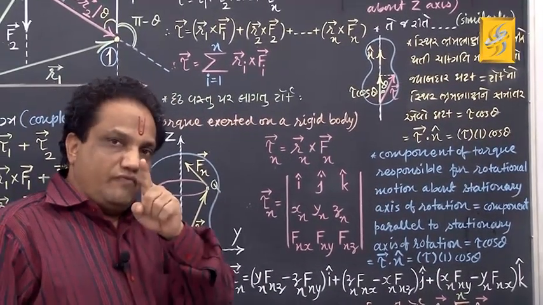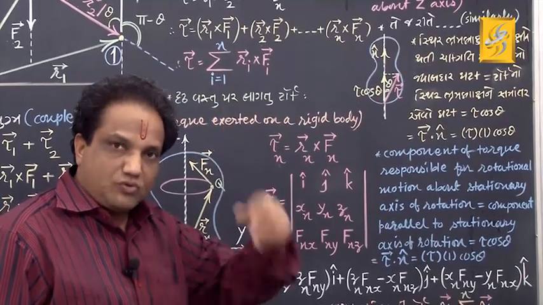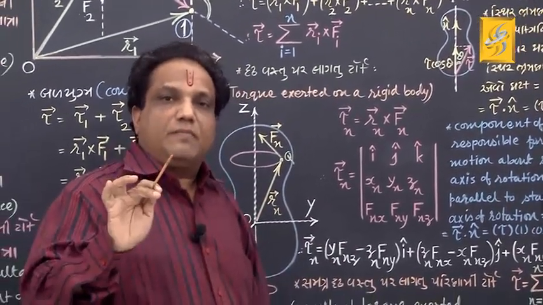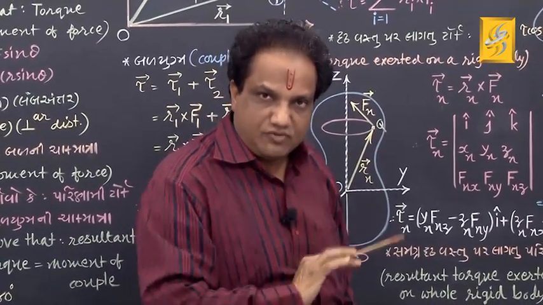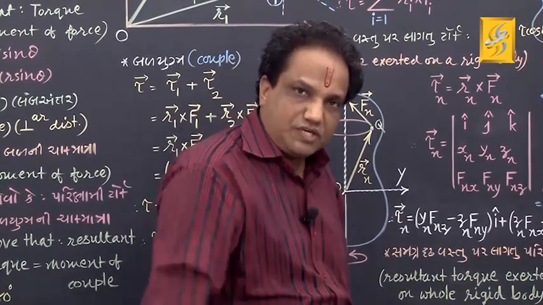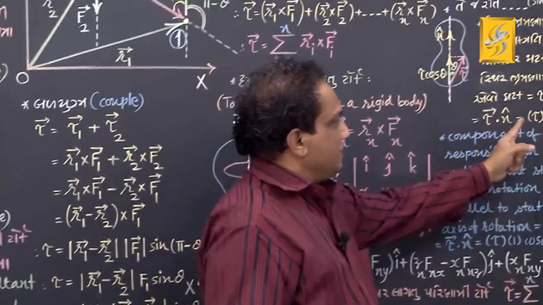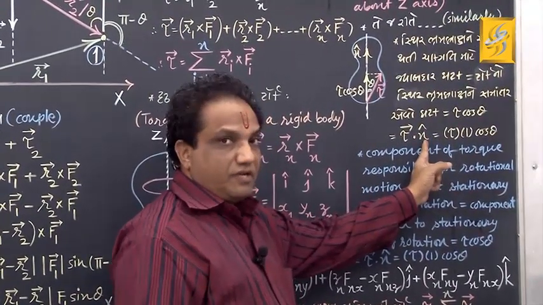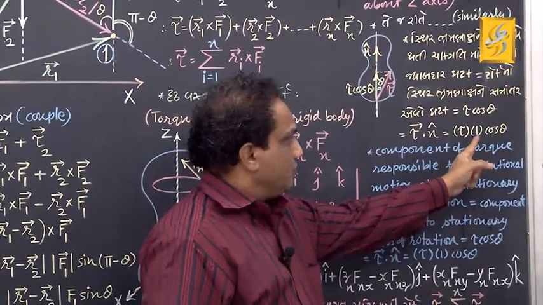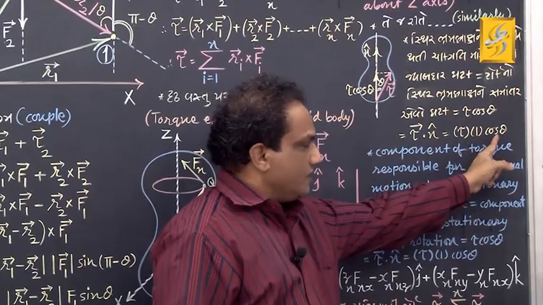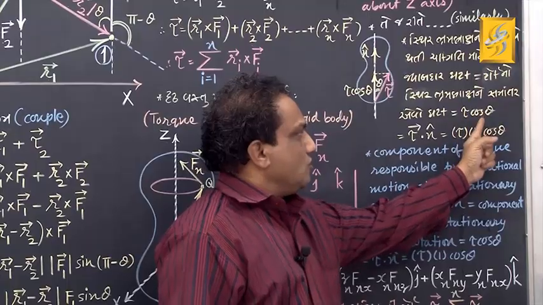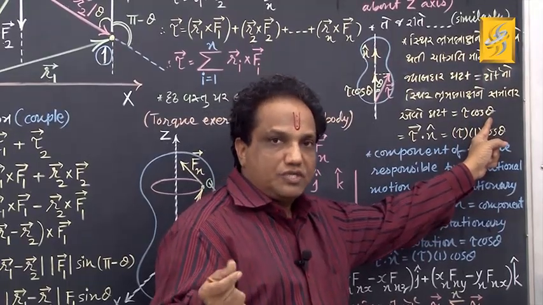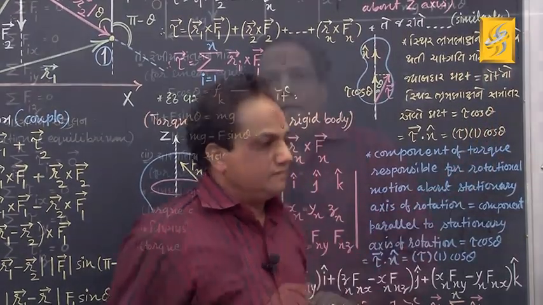How? Don't you know vector A dot vector B equals AB cos theta? Meaning thereby, the magnitude of the first vector multiplied by the magnitude of the second vector multiplied by cos theta. The magnitude of the first vector is tau, the magnitude of the second vector, because it is a unit vector, is 1, into cos theta. So what is this? Tau into 1 into cos theta means it is tau cos theta. Tau cos theta, correct? Fine.